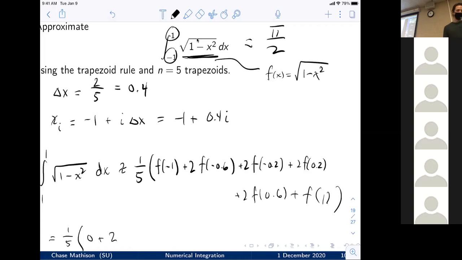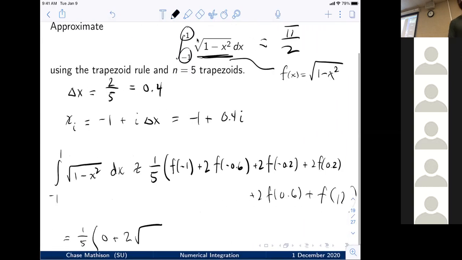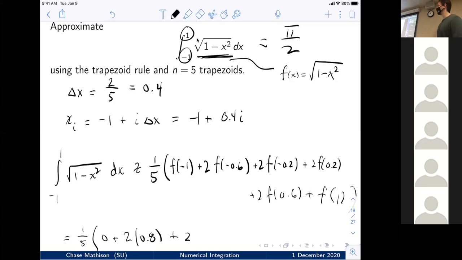Plus 2 times, 0.6 squared is 0.36. So when I take 1 minus that, I'm going to get 0.64, the square root of 0.64. But what's the square root of 0.64? Well, I'll just write it out for now. 0.8. Yeah, it's 0.8, right? The square root of 1 minus 0.36 is the square root of 0.64, which is 0.8. Plus 2 times f of 0.2.